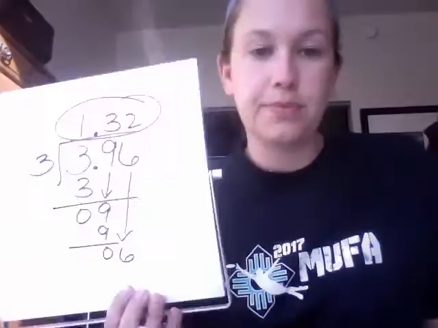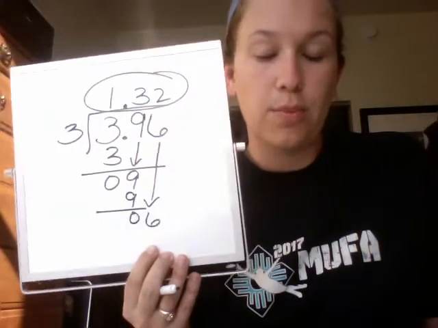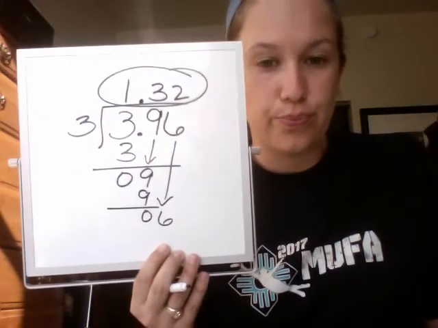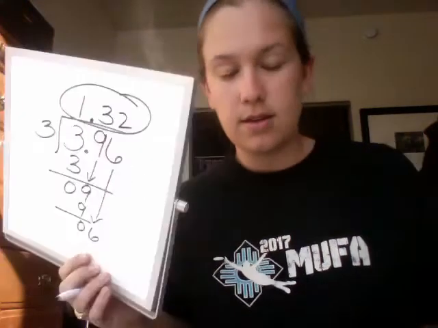Pause me if you need to. I'm going to flip it over. Answer 1.32. Let's do 8b. 84 hundredths divided by 4.